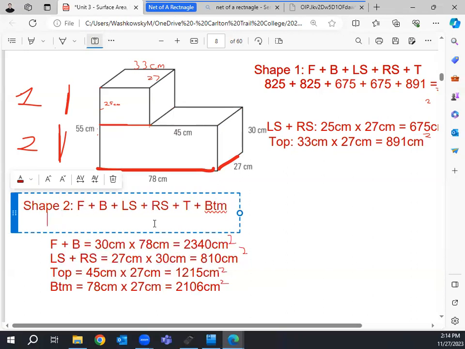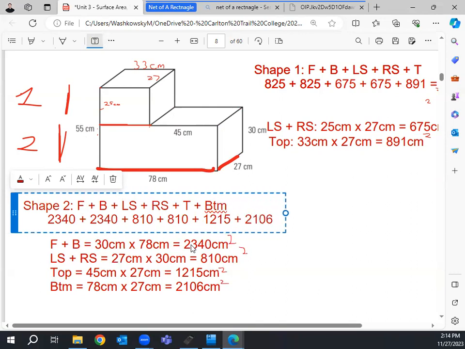So my front and my bottom are each 2,340. My left side and right side are each 810. My top is 1,215. My bottom was 2,106. And if I add all of those up, one second.